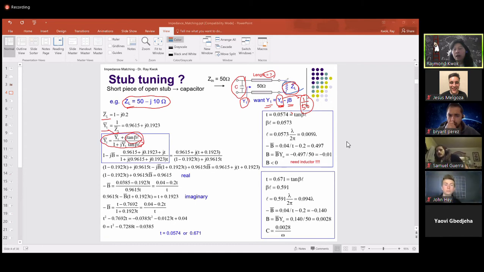Remember we said I put 100 ohms here, looking into the transmission line, I do not see 100 ohms. I can see a capacitor, an inductor, an open circuit, a short circuit. I can see anything I want to. It depends on how long this transmission line is and what the impedance of this transmission line is. The impedance of an RF circuit is not constant.